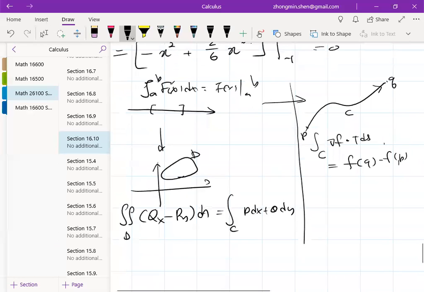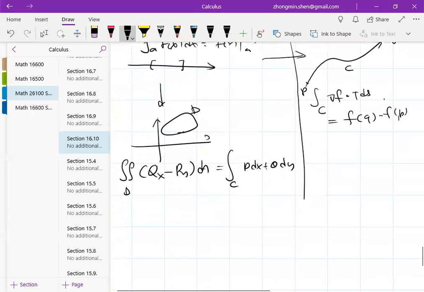It keeps the same dimension. Okay? The integral along the interval becomes the integral along the curve. And here in two dimensions, this is a double integral over a flat domain.